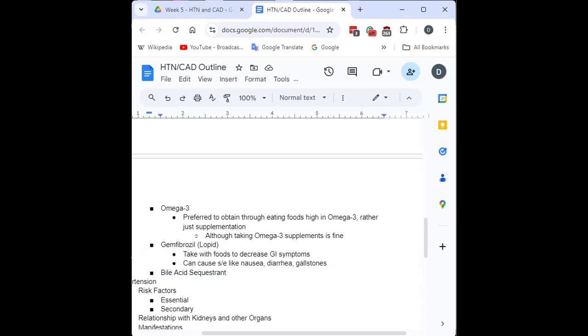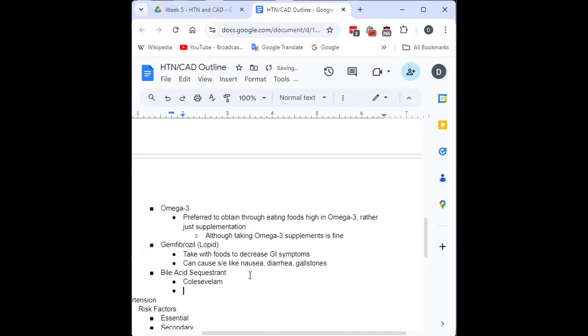Okay, let's see if you guys have any of the bile acid sequestrants.